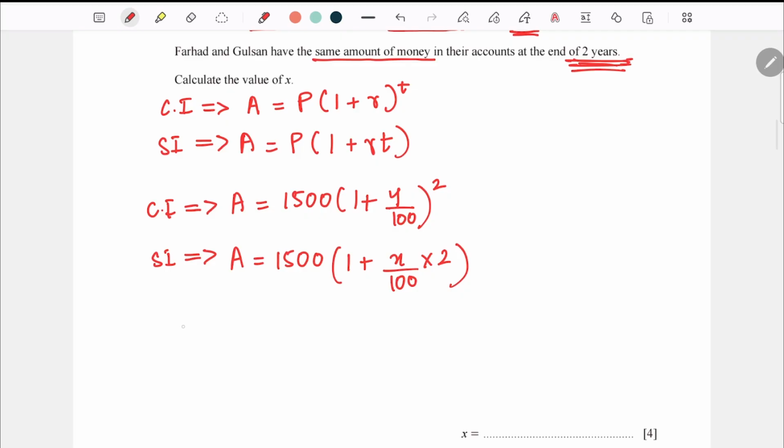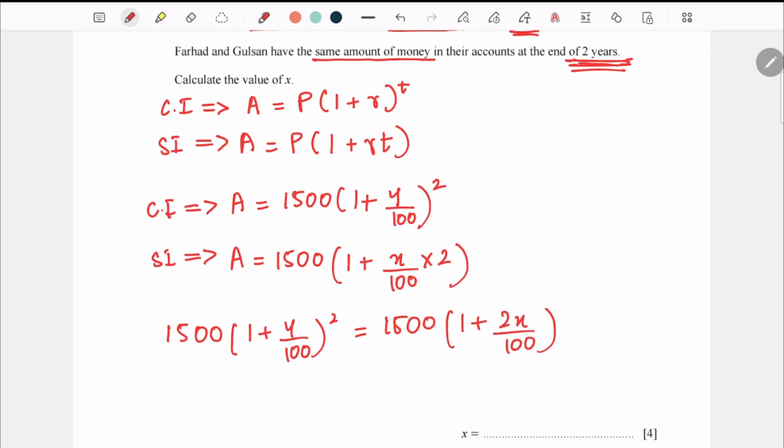So, amount of money that Farhad has is equal to the amount of money that Gulshan has. I'm going to simplify this to find the value of x.